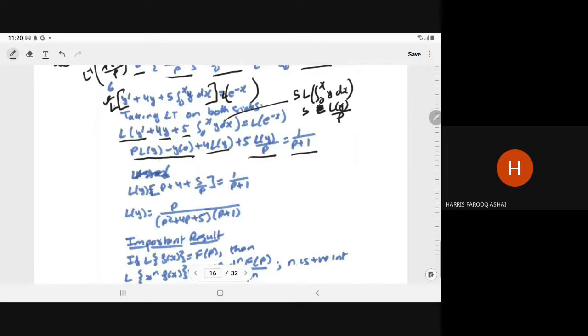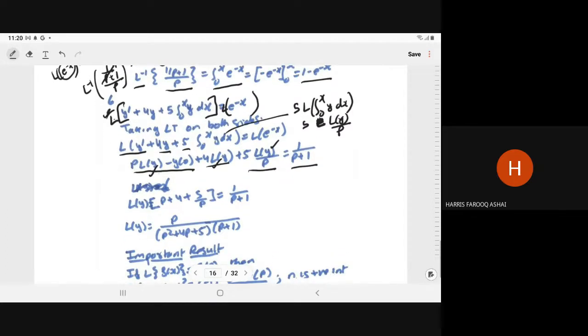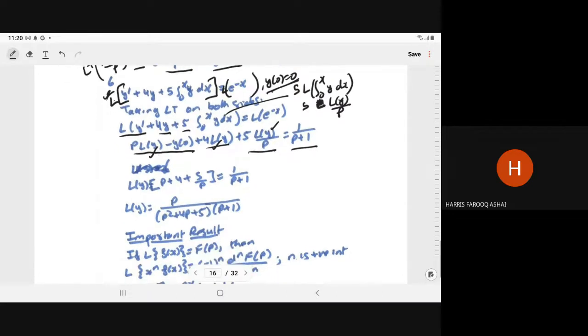The condition is not given, so you write that y(0) is equal to 0. Probably it is in the question; check in the book. So we take L of y as common.